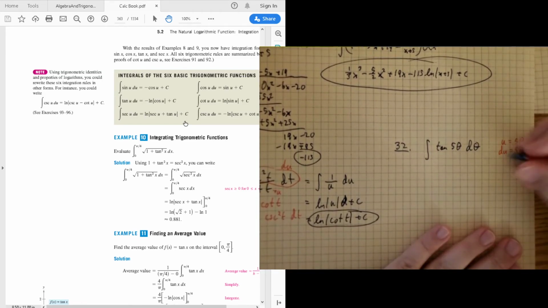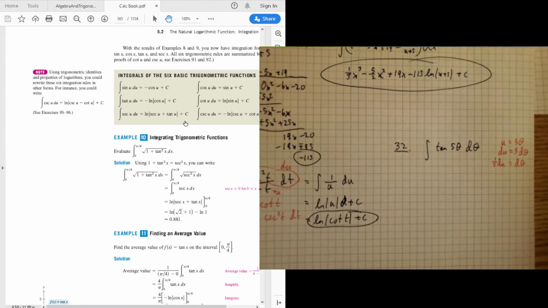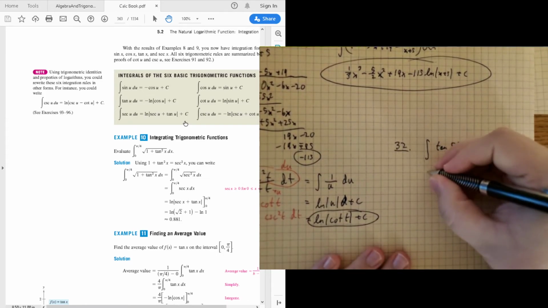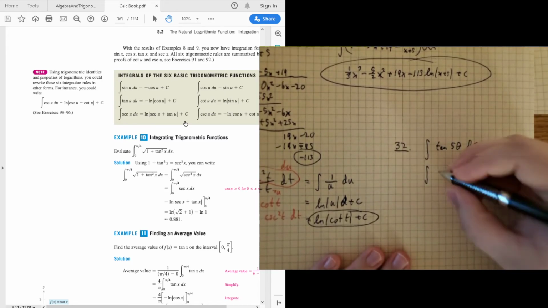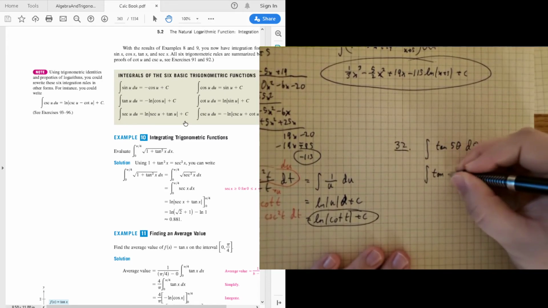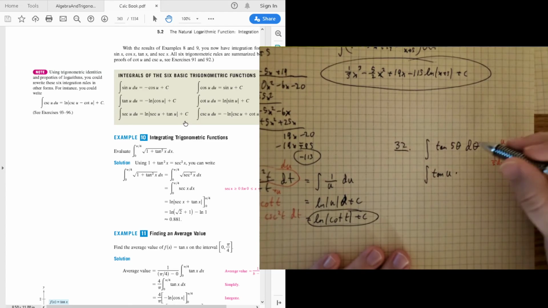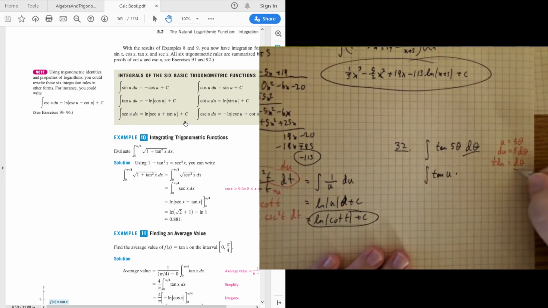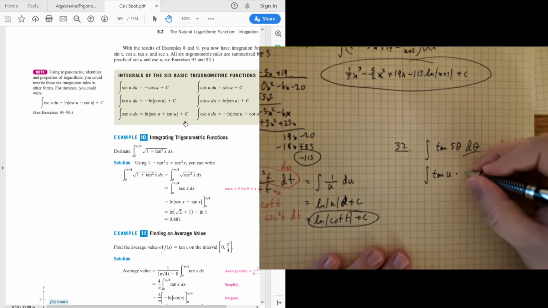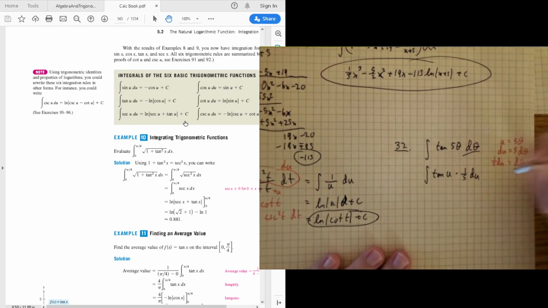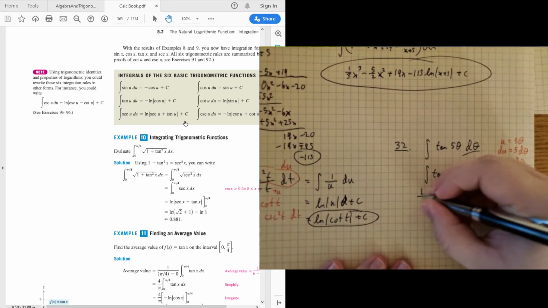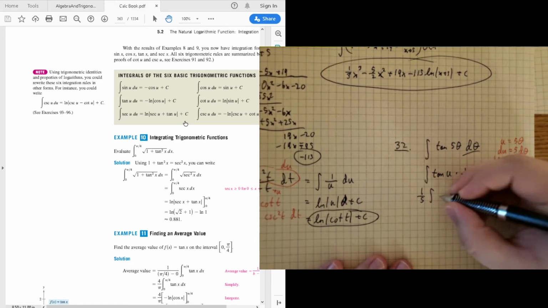So what I can do is move the 5 over, making it 1/5 du equals d theta. And now I can actually integrate. I would have tangent of u, and everywhere there's a d theta, I can replace it with 1/5 du. I can move the 1/5 outside using basic integration properties.